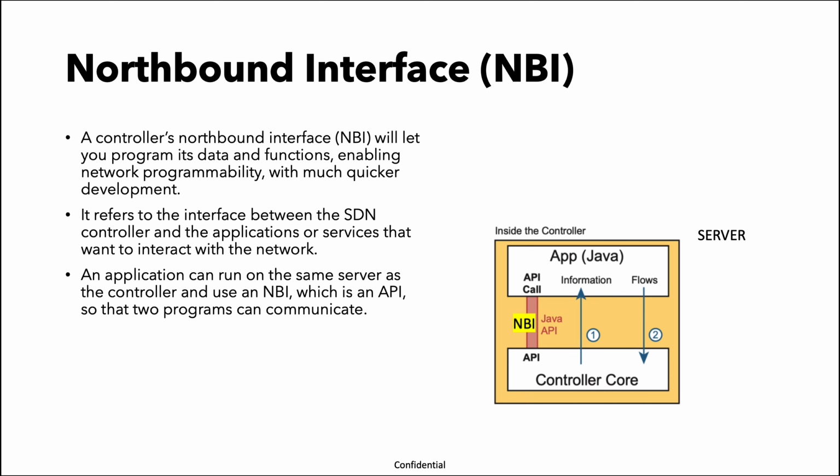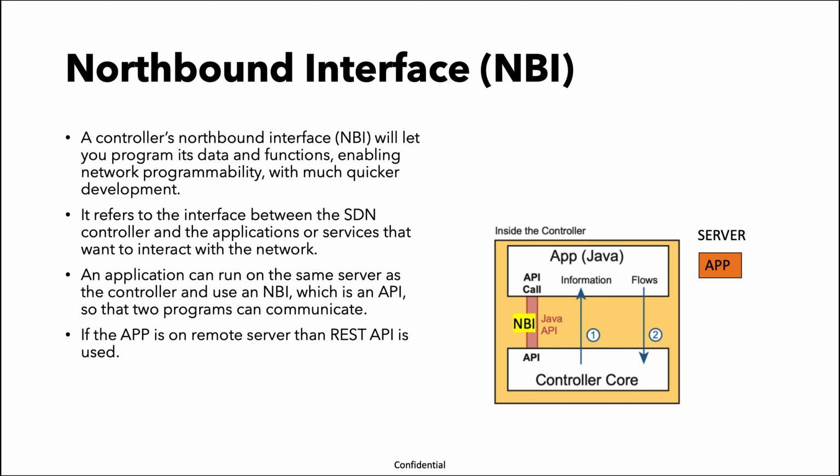In this particular case, the controller happens to be written in Java and has a Java-based native API. The application can learn some information about the network by using the API. So if your app is running on the same controller, that's why it is using the API within the controller. But what if your app runs on a different server, like a remote server?